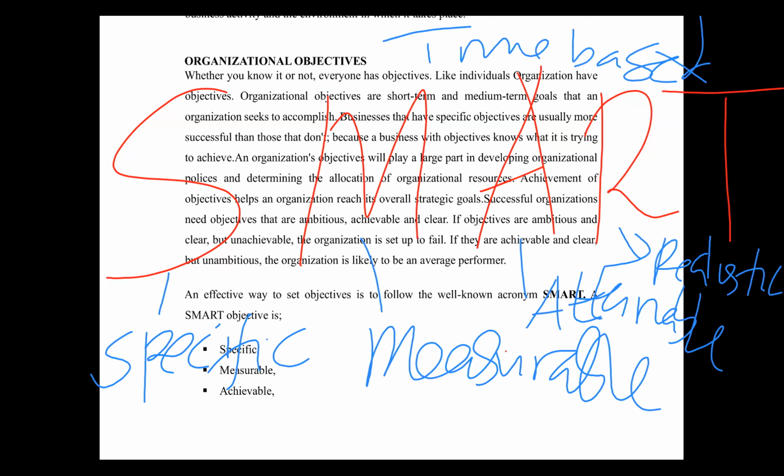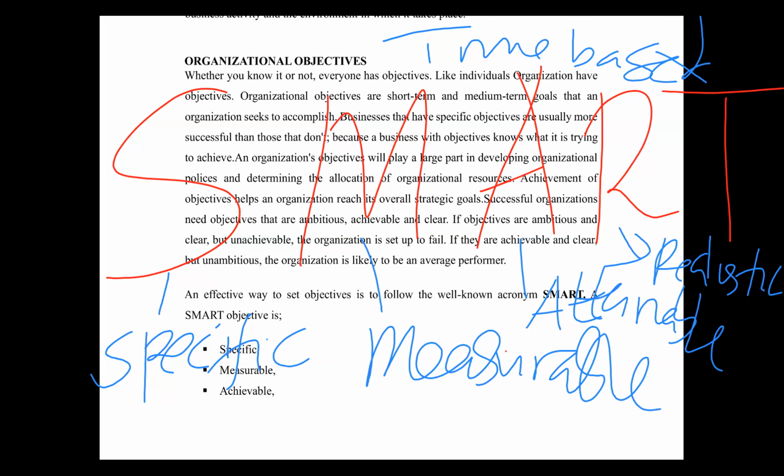You are going to become an administrator, a manager. Ensure that in your management, the objectives that you set are SMART. You have to be specific on what you want to do as an organization.